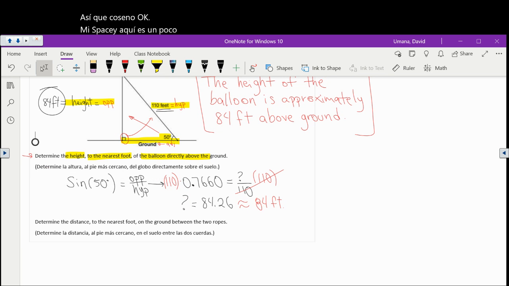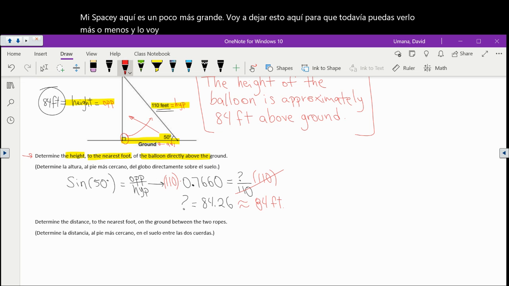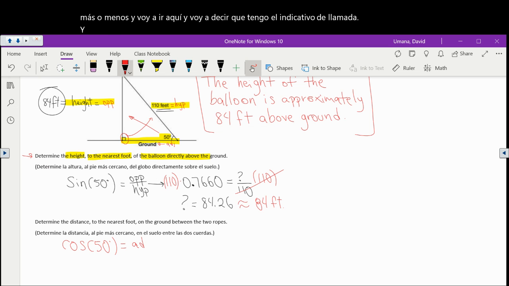To do that, my spacing here is a little bit bigger. I'm going to leave this here so you can still see it more or less. And I'm going to go here and say that I have the cosine of 50, and that is going to equal the adjacent over hypotenuse. I'm going to use my chart again.